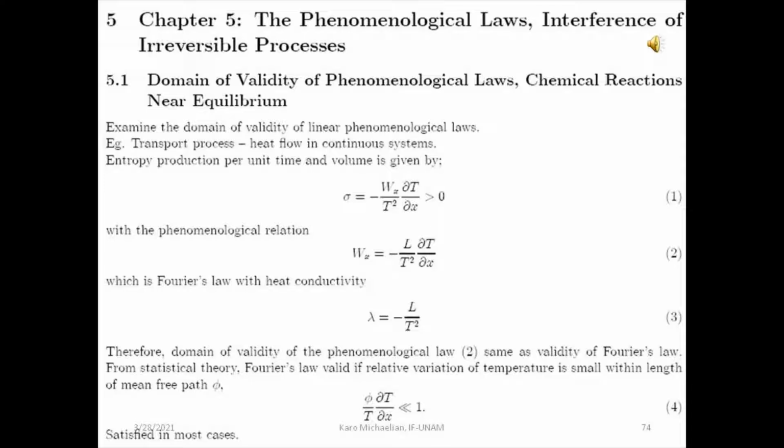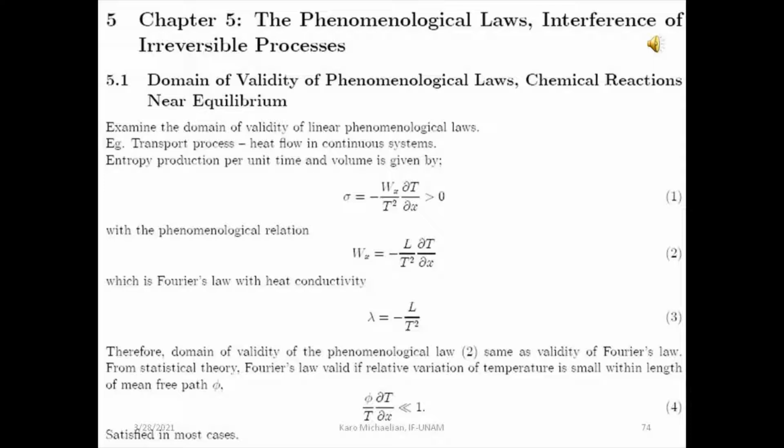So the validity of Fourier's law requires that phi over T times the gradient of the temperature in the x direction is much less than 1. If this is satisfied, where phi is the mean free path, then Fourier's law is valid, and we can assume a linear relation between the flow, which is the heat flow, and the force, which is the gradient of the temperature in the x direction over T squared.